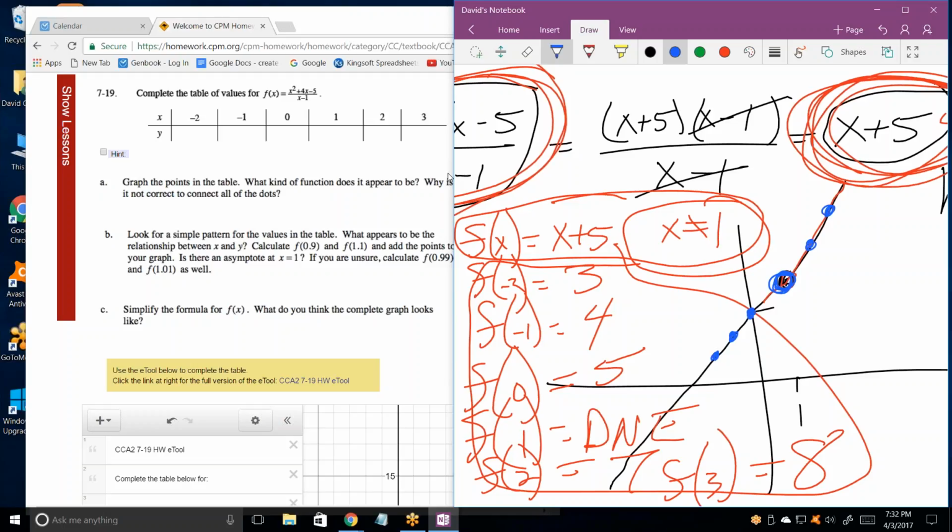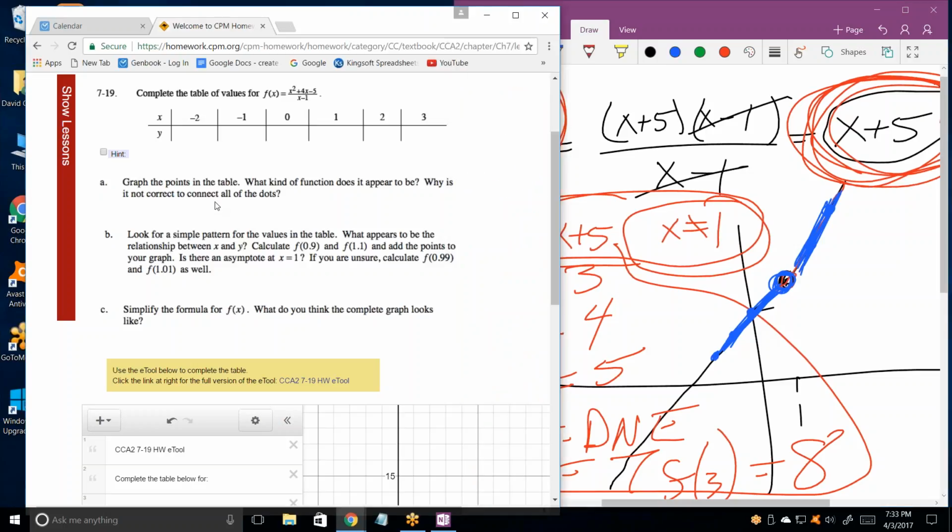Well, notice I cannot just draw a line through all of those dots because I've got a hole at 1. So I can draw a blue line to that part, then I put my hole and I draw a blue line to that part. So it appears that I have a straight line, but what I really have is a straight line with a hole at 1. That's why you cannot connect all the dots: it's not a continuous straight line.